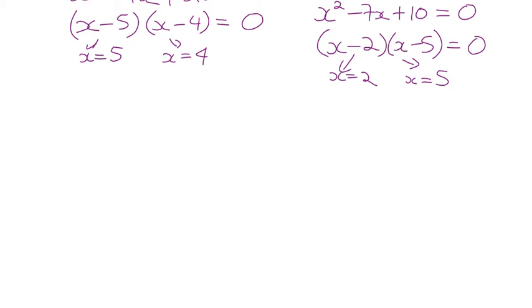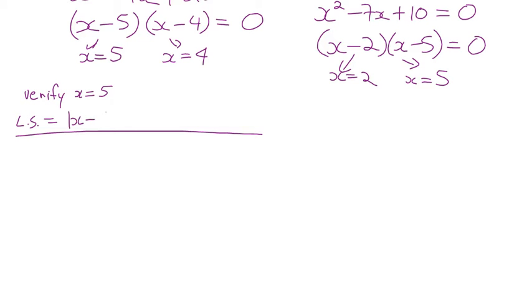But let's just verify this. So verify x equals 5. The left side, I've got to look at my original. It's the absolute value of x minus 5, which is the absolute value of 5 minus 5, which is 0.